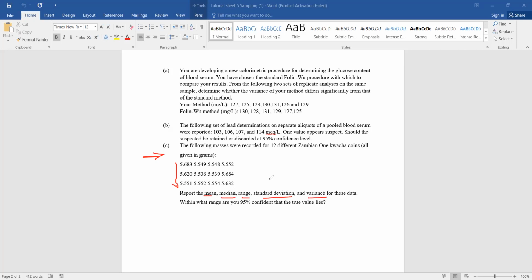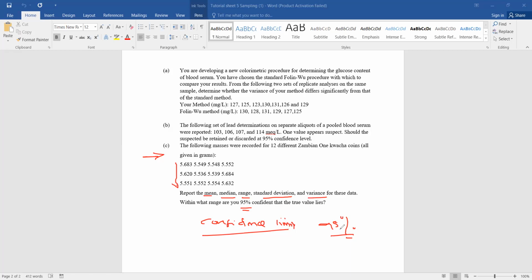That's just for C. Then after that, you are going to give within what range you are 95% confident that the values lie. So for this last part, you are now going to use the confidence limit. So find the confidence limit at 95%. I showed you how to get the confidence limit at 95%. So that's how you get question C.